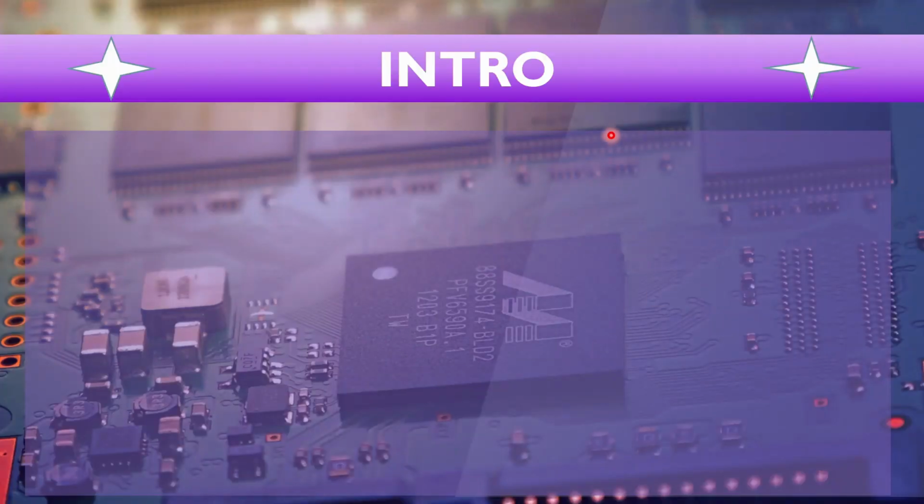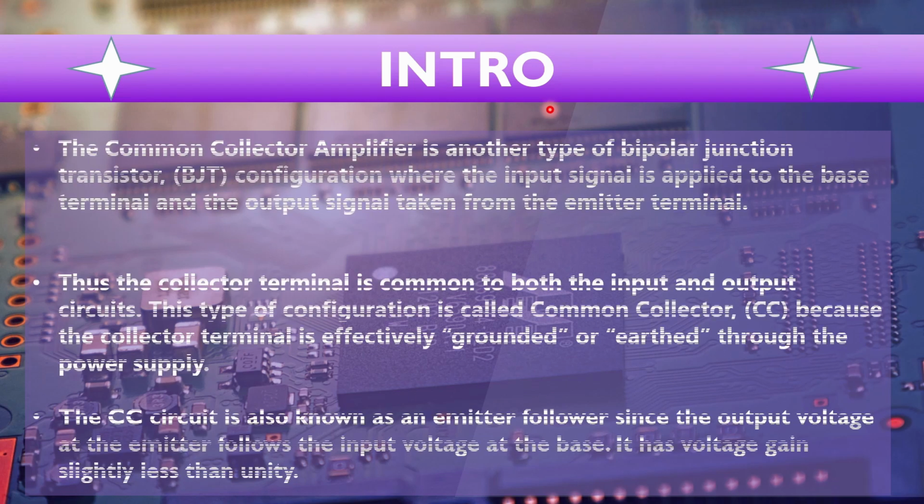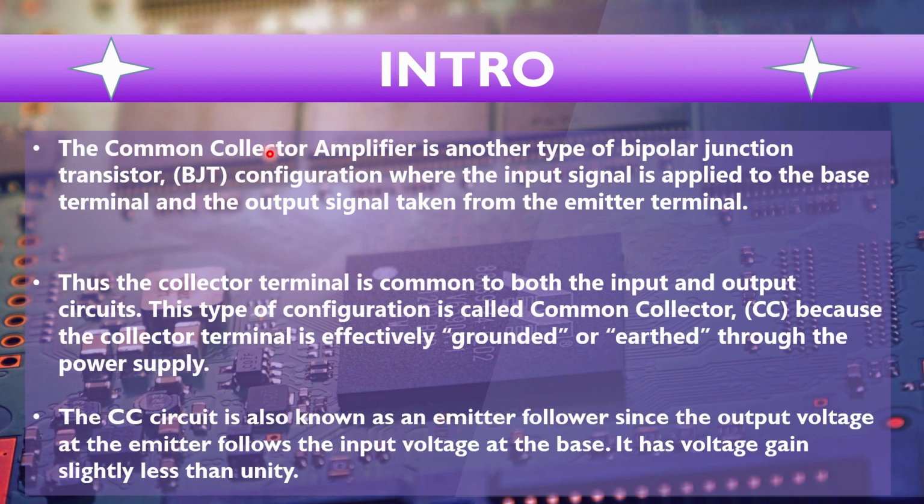So let's get into the introduction of the common collector amplifier. There are three different types of configurations: common base, common collector and common emitter. In this video I am focusing on the common collector amplifier. So why do we call this a common collector amplifier?